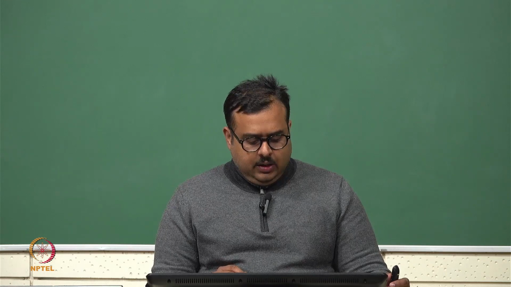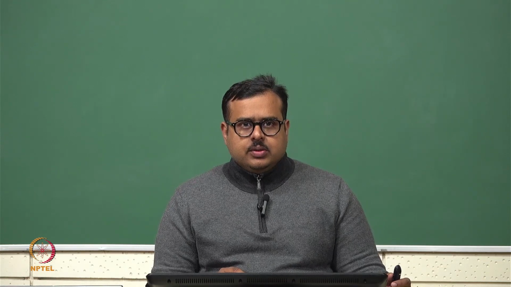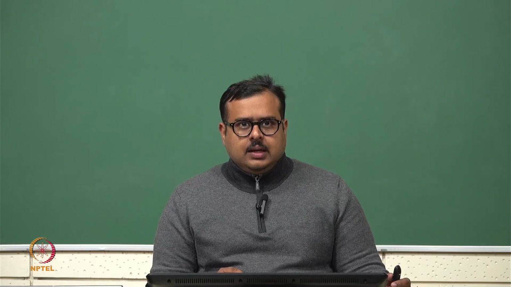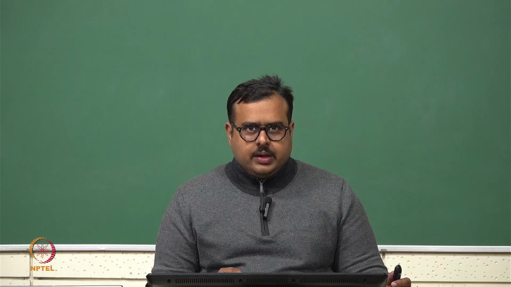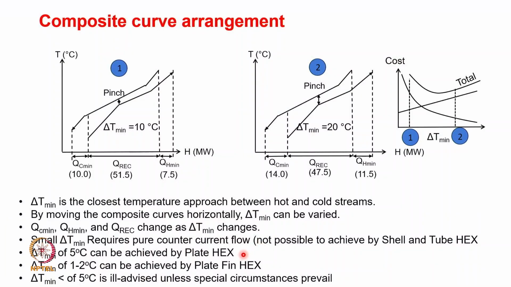So a delta T of 5 degrees C is of course lesser than what is typically recommended here. Of course 10 degrees C is what we are showing here. If you want it even lower, we need to go for plate heat exchangers. And if you want to bring the delta T min further down, like 1 to 2 degrees C, this can only be achieved by plate heat exchangers.